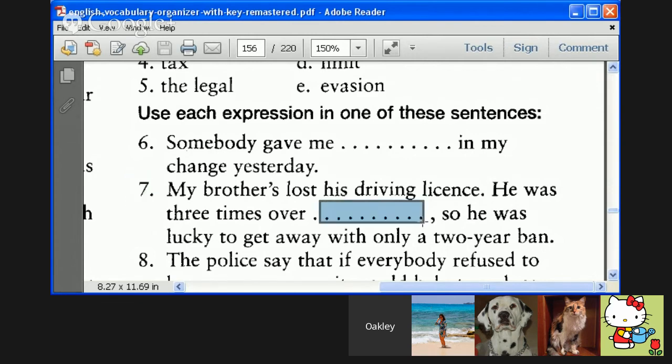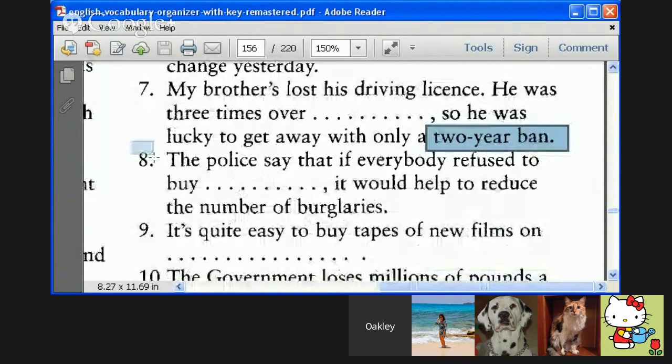Most likely talking about the alcohol limit and a 2-year ban. That means he lost his license for 2 years. He lost his privilege to drive. Or a suspended license. If somebody has a suspended license, it doesn't currently work. It's not legal.